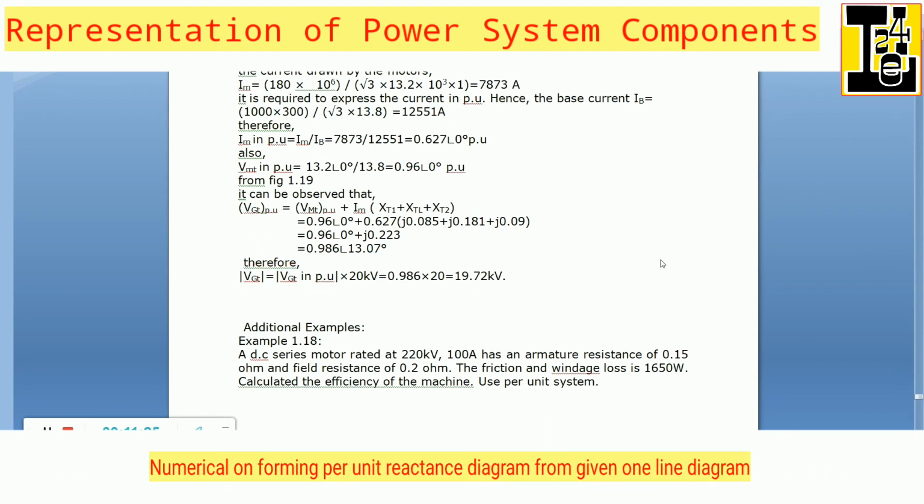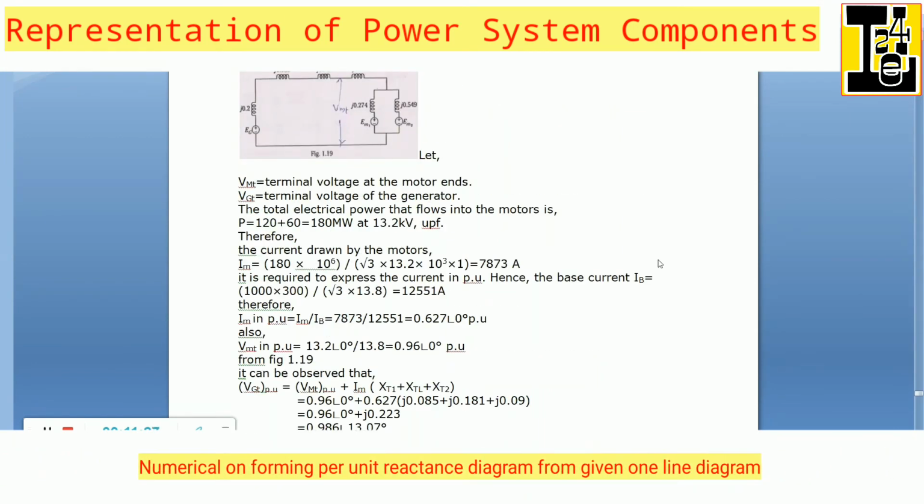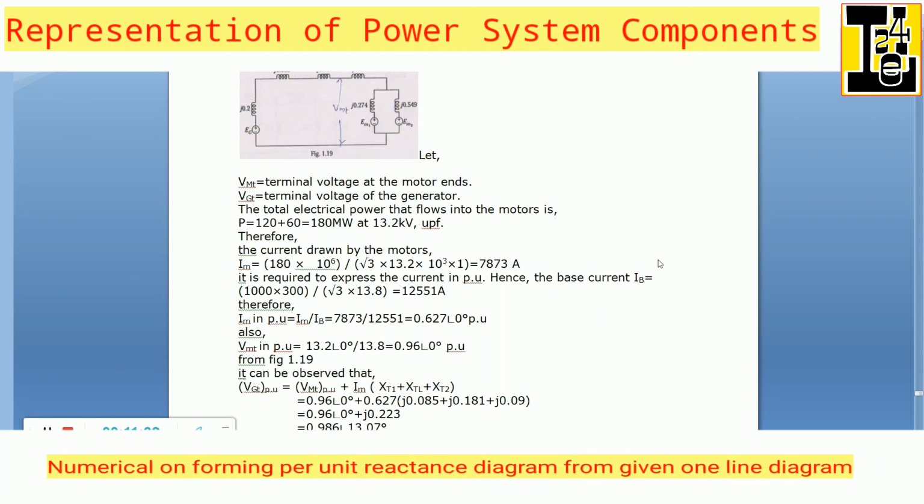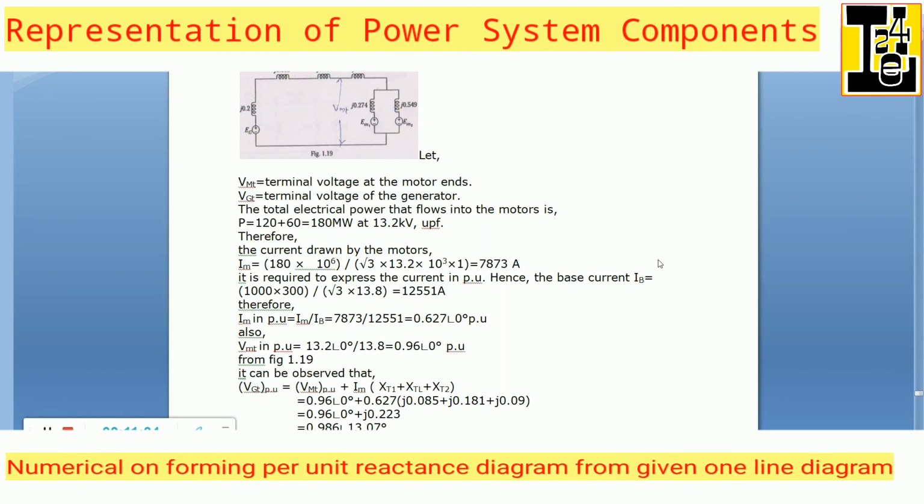So this is the problem solution. It had two parts: one is to draw the reactance diagram and the other is to find the generator terminal voltage. Thank you for watching the video.